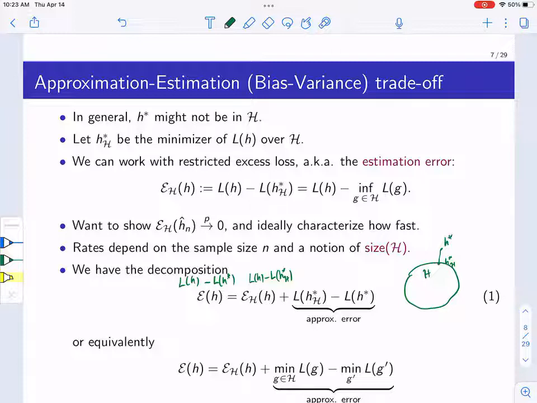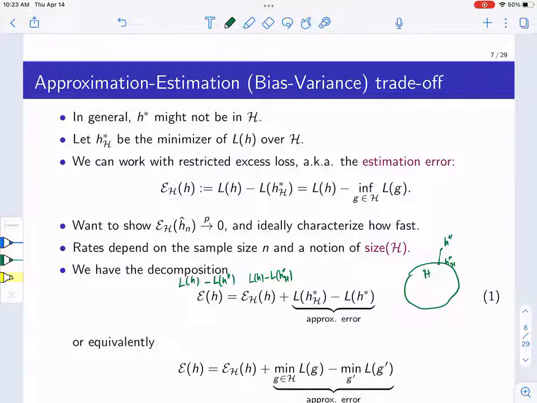Okay, so we have this approximation-estimation error decomposition. Basically the two pieces are analyzed separately using separate tools. We're going to focus on the estimation error, and try to get it to go to 0 for progressively bigger classes of functions. At some point you'd be happy to say, okay, this class is big enough, this is small enough.